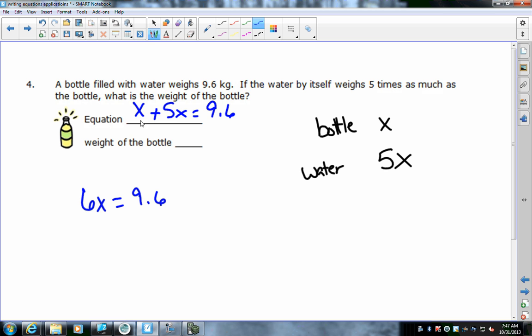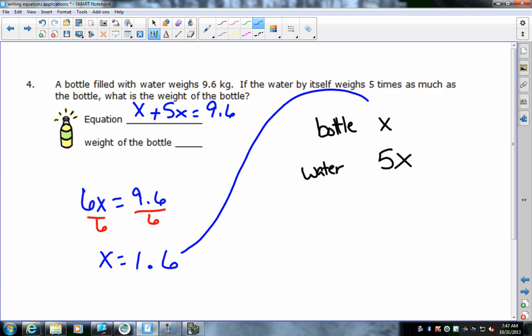Remember, I got the 6x because I took x plus 5x. Now I'm going to divide by 6. x equals, is it 1.6? Yeah, 1.6. That goes right here, and that's the bottle. It only asked me for the weight of the bottle, right? So my answer would be 1.6.